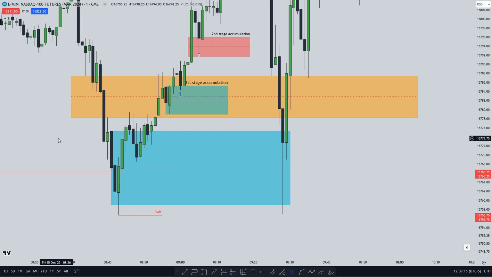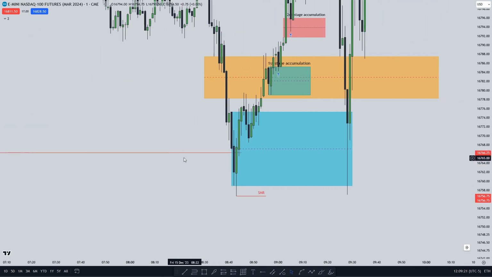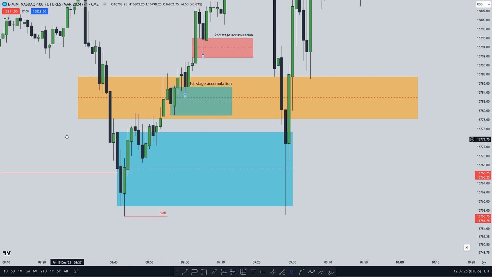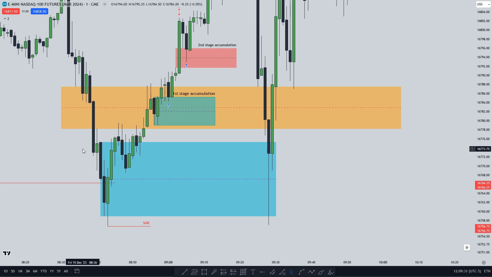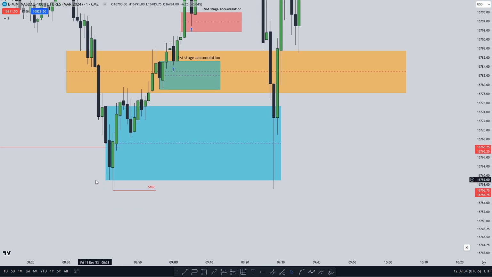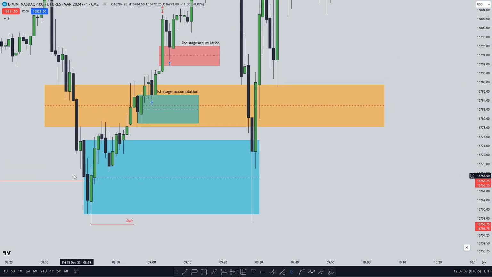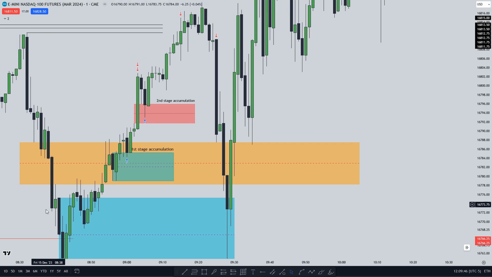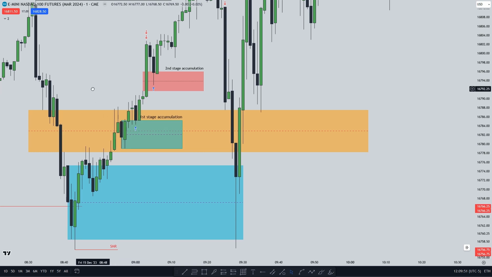So just to give you a bit of a view of this, price comes down and takes sell-side liquidity, then moves higher, creating an order block or change in state of delivery. Then price fails to touch the mean threshold, creating a propulsion block. So if you were to take a trade right at the Smart Money Reversal, you can now move your stop loss up to the mean threshold of this order block, and price moves higher, creating a 5-minute inversion fair value gap, also creating an order block.